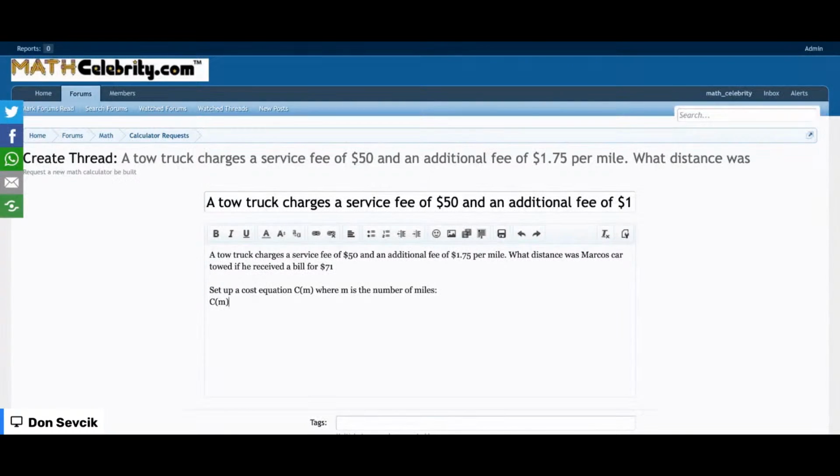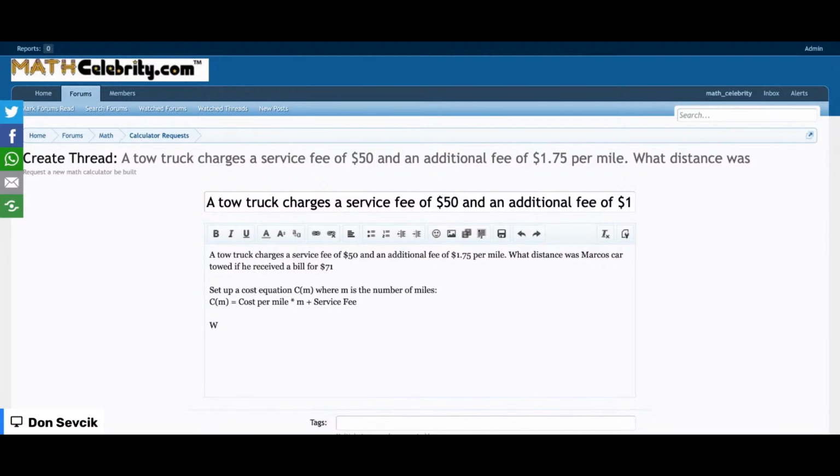C of M equals cost per mile times M miles plus service fee. So this is the variable cost, and your teacher may or may not tell you that term, and this is the fixed cost. When you get problems like these, there's always two parts, a fixed cost and a variable cost. So we've broken it out, which is great.